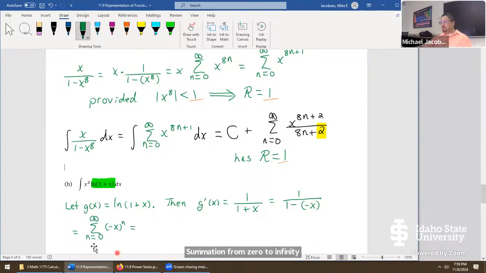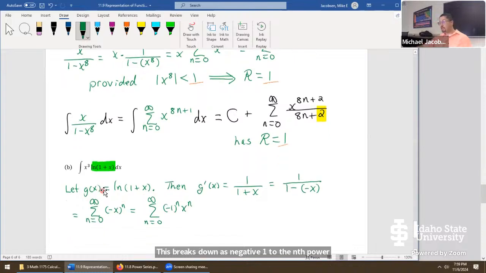And it's kind of nice this time. There's not a bunch of stuff in front. It's a little bit more simplified, but we still probably want to simplify it even further. Always a good call. So take summation from 0 to infinity. This breaks down as negative 1 to the nth power, x to the nth power.